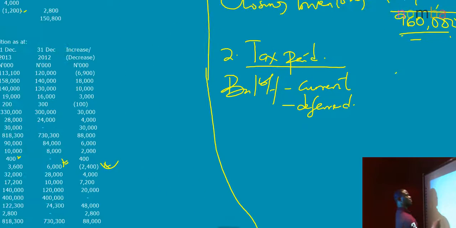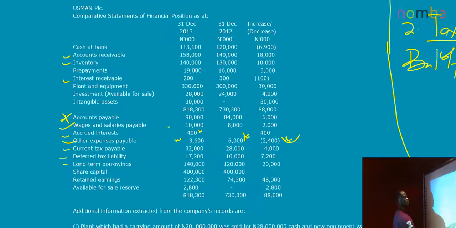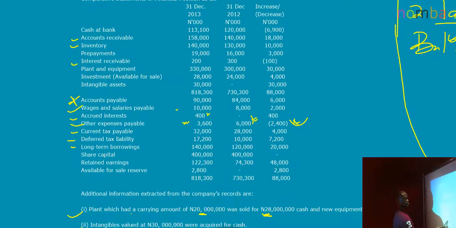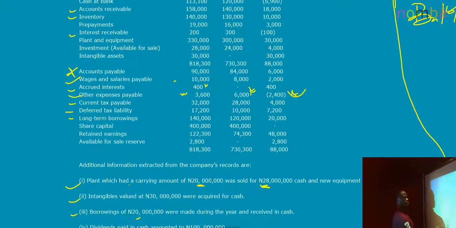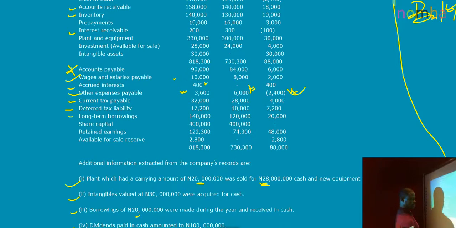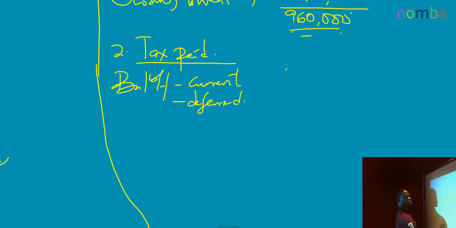So what's the balance at the beginning for the current and the deferred? For the current, the balance at the beginning here is 28,000, and for the deferred is 10,000.